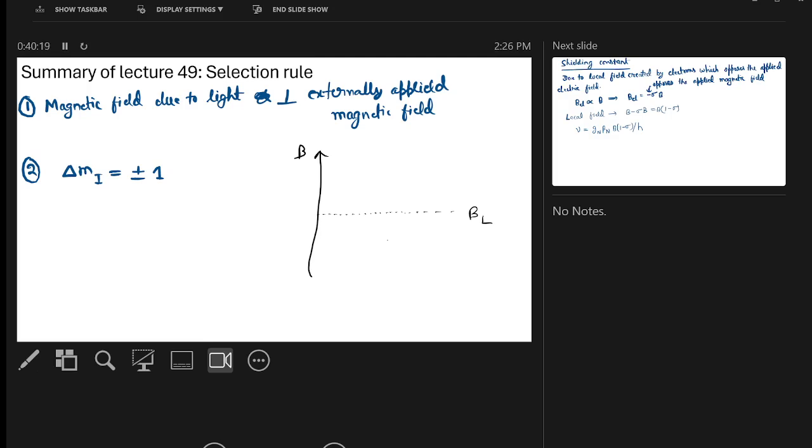Why? Let's say we have a spin and we apply the magnetic field. As a result, there will be separation in the energy levels. This is alpha, up, and this is beta, down. In the presence of the external magnetic field, the nucleus magnetic moment will undergo precession. We call this Larmor precession.